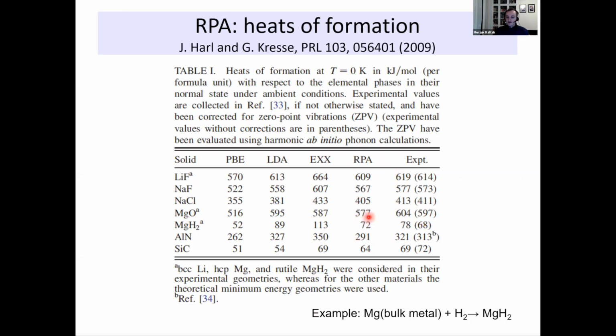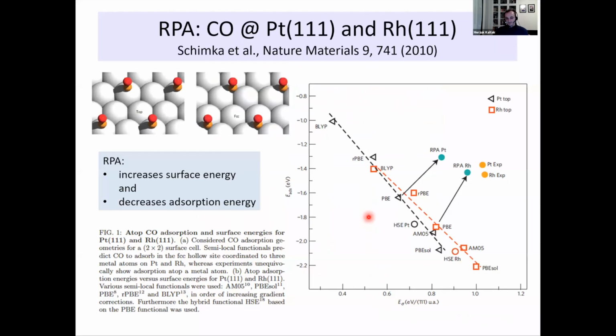Now, this connects to a question from the GW Q&A. This is a topic where RPA shines. The question is, how do absorption energies on metallic surfaces look when using RPA? Here we have the results for the carbon monoxide absorption energy on platinum and rhodium 111 surfaces.